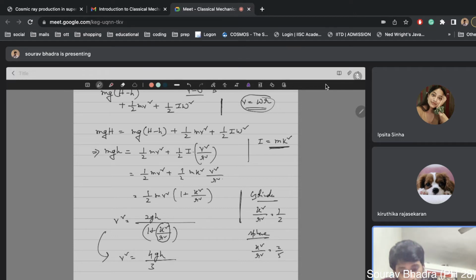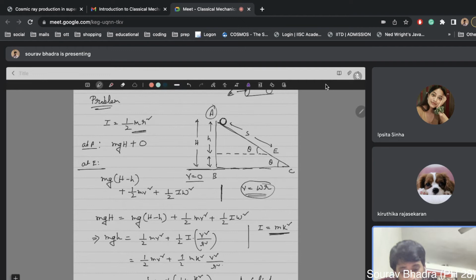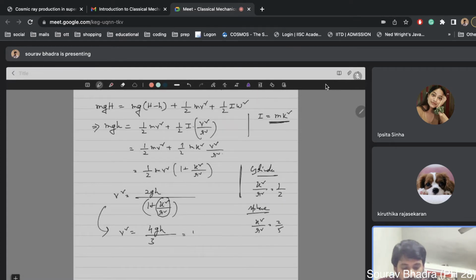Small h, according to the figure, is this distance, and you can write this small h as s sin theta. This is h, this is s, so h by s equals sin theta. So h equals s sin theta. So this is 4/3 g s sin theta.